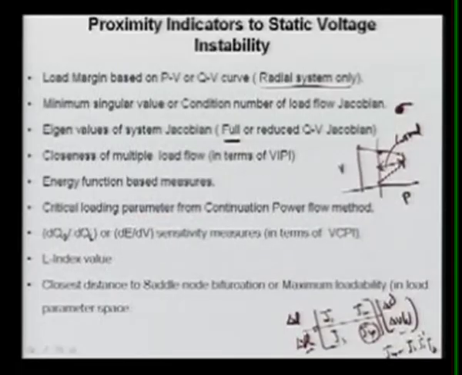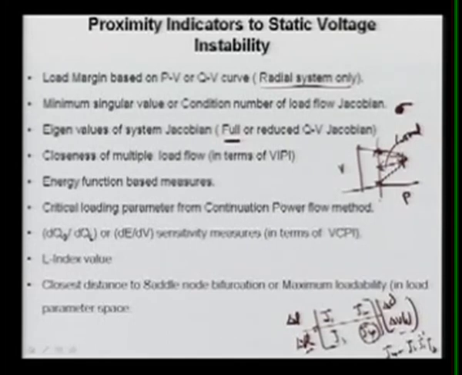If we keep on moving to the critical point, the solution becomes one, and after that we cannot have a solution at all. For this radial system, you can see that for a given P we have two voltages, so it has two solutions. As the load is increased, there is only one solution, meaning both solutions converge and have the same value.